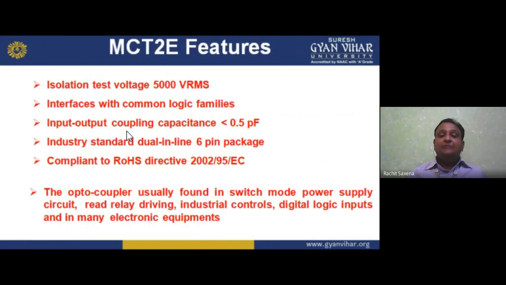Now, MCT2E features. What are the features we have? Isolation test voltage up to 5000 VRMS, that is root mean square voltage. Interfaces with common logic families. Input-output coupling capacitance is less than 0.5 picofarad.